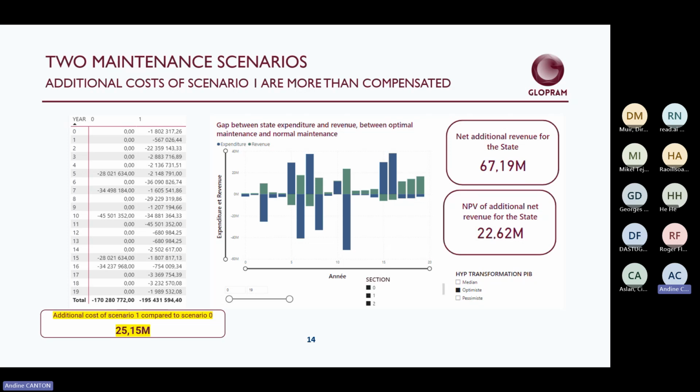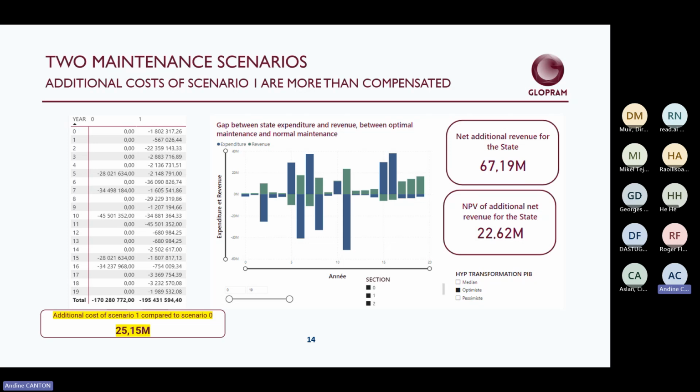The one scenario, it was in CFA. One scenario was 170 million, the second one 195 million, so a difference of 25 million. But in fact, when you make the full calculation, you see that the best scenario is scenario 1, the most expensive one, and it brings additional revenues for the state.